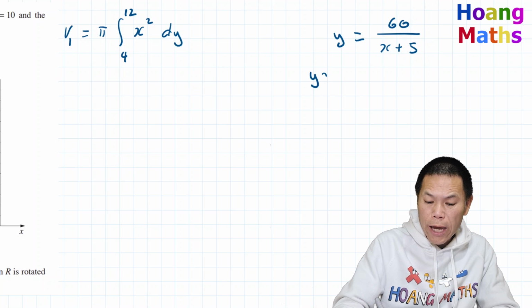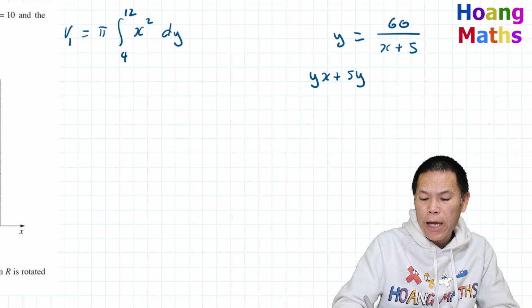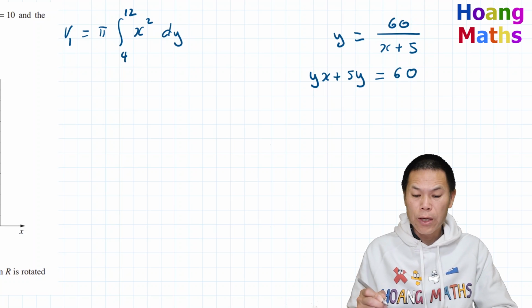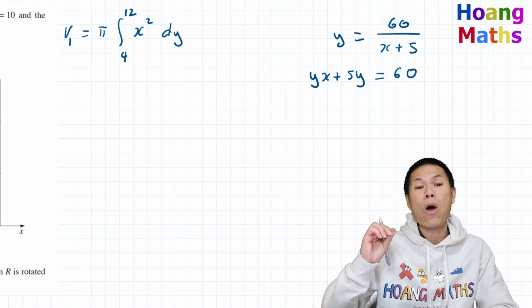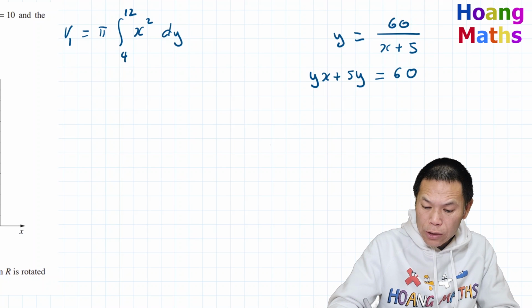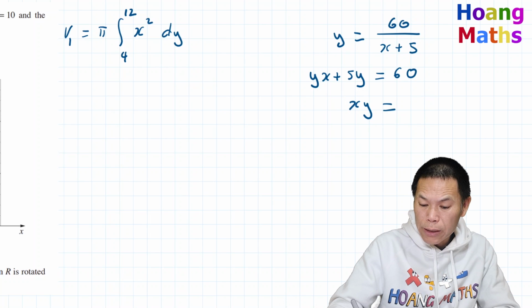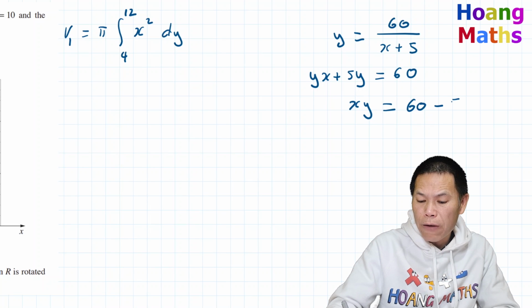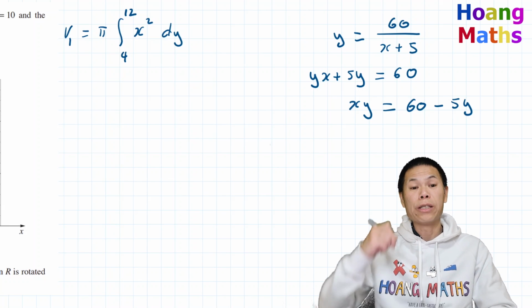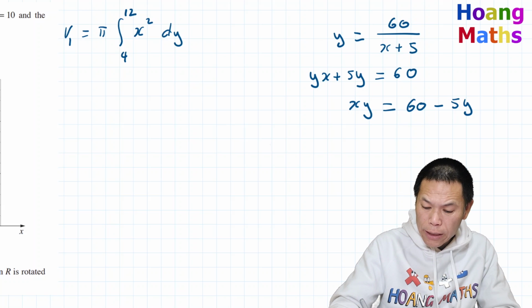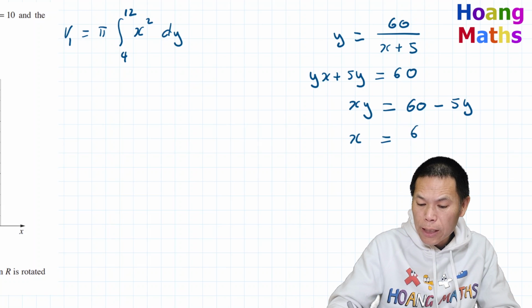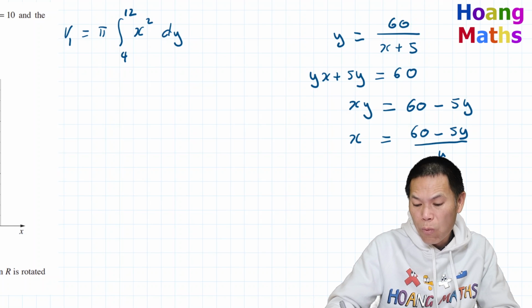So that means yx plus 5y is equal to 60. And then I just move 5y to the other side. So xy is 60 minus 5y. And then we divide by y on both sides. So x is (60 minus 5y) over y.